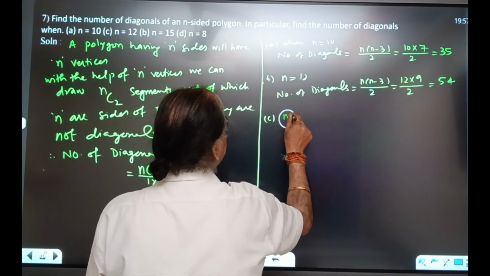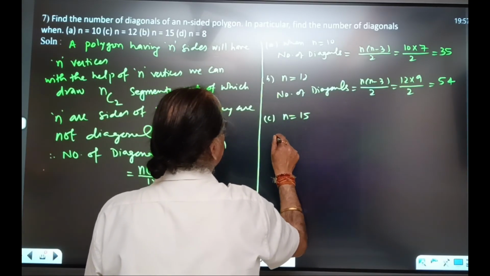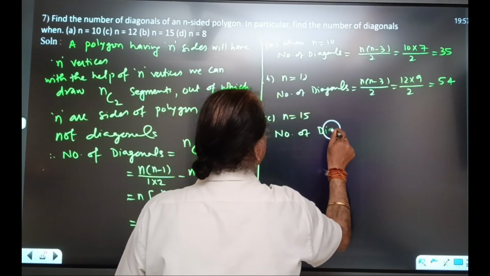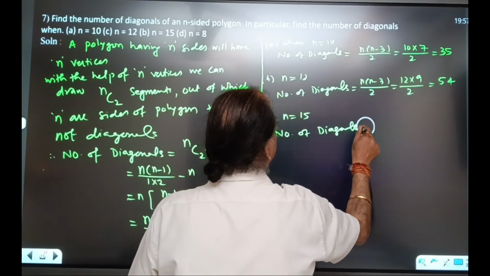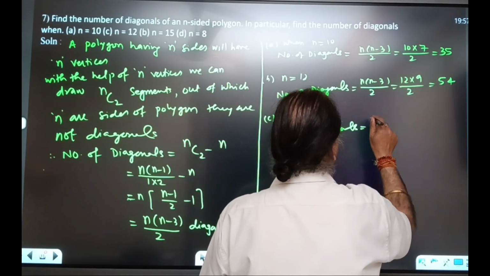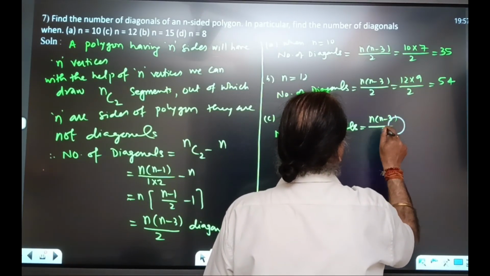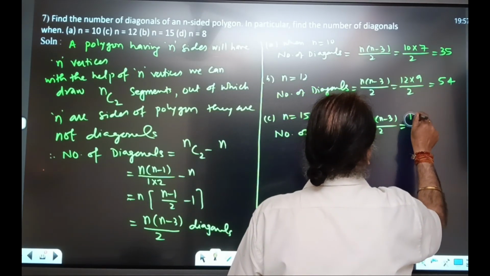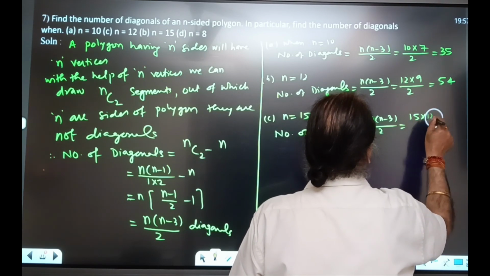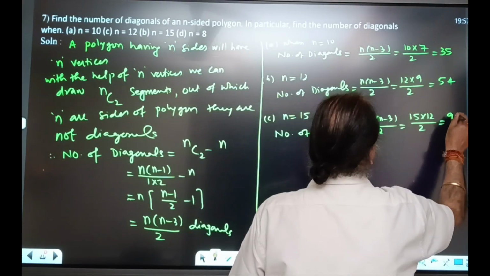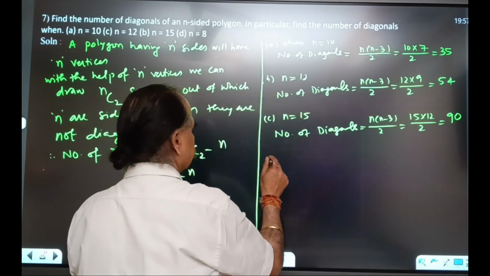Now n is 15. The number of diagonals will be n into n minus 3 upon 2, 15 into 12 upon 2, which is 90 diagonals.